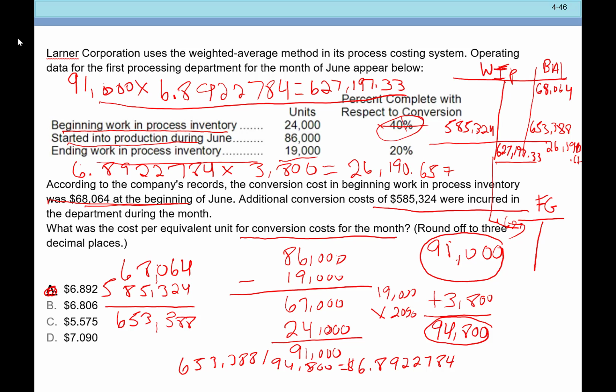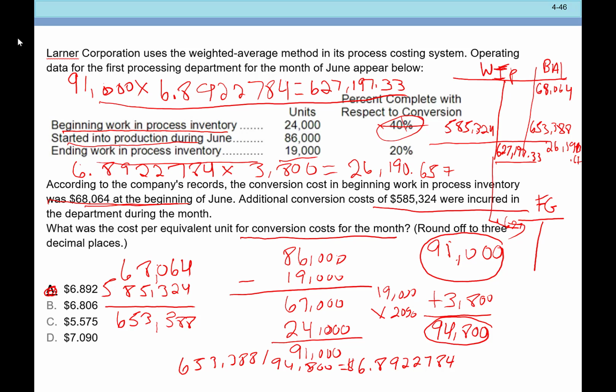Then I go ahead and take the 24,000 units that were in beginning inventory, because that gives me the equivalent units, because I assume I completed all of those this period. So that's how I got the 91,000.